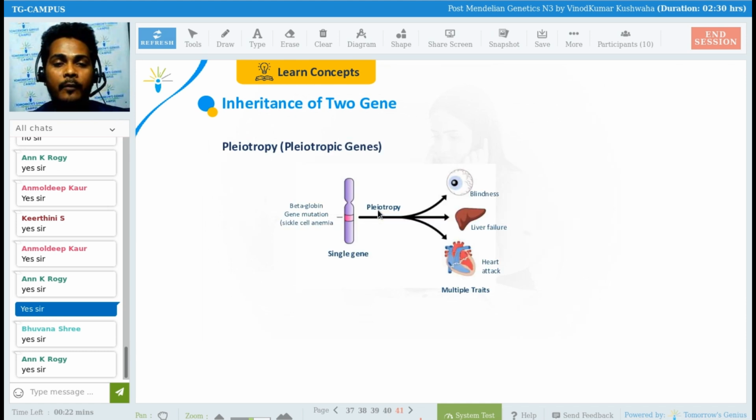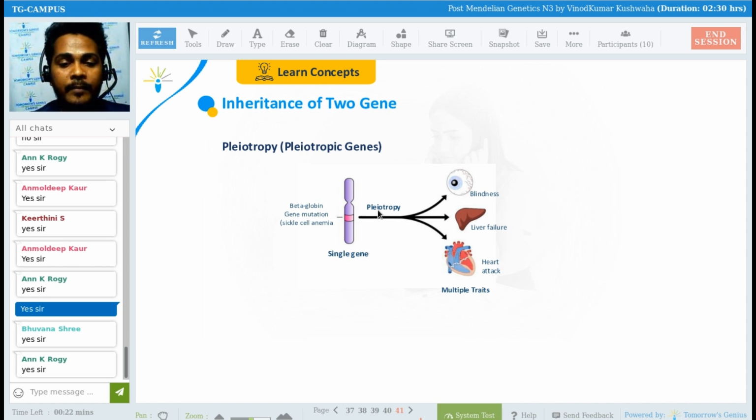Now pleiotropic gene. What is a pleiotropic gene? So you can see here what is represented over here. It is showing the condition in which a single gene influences more than one trait, known as pleiotropy.